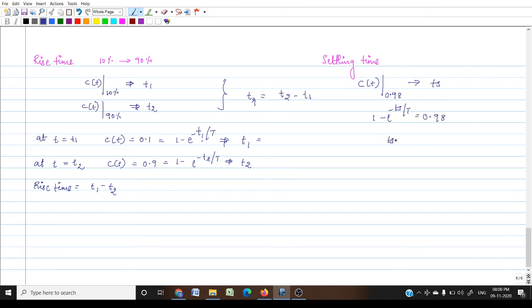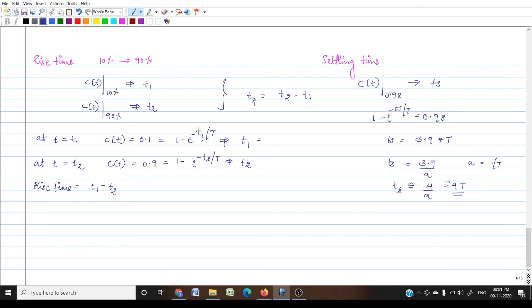Then the ts value is obtained around 3.9 times T, or we also write it as 3.9 divided by a, where a is equal to 1 by T. So this is approximately equal to 4 times T, or 4 times the time constant. So this is the rise time and this is the settling time.